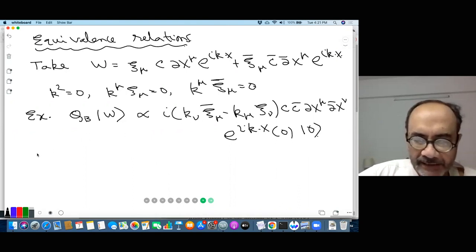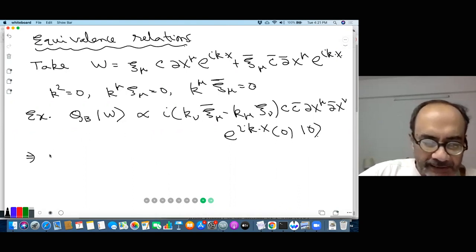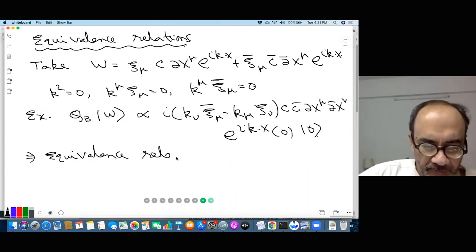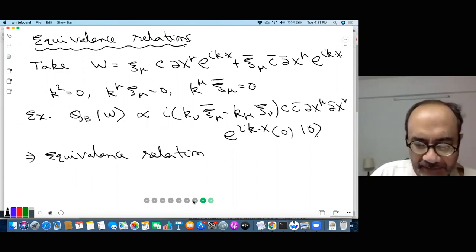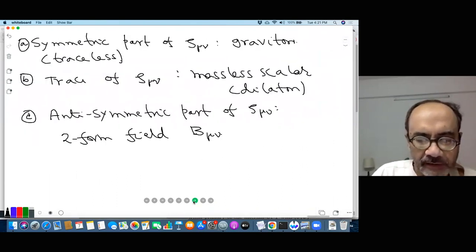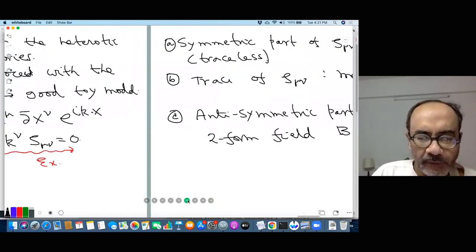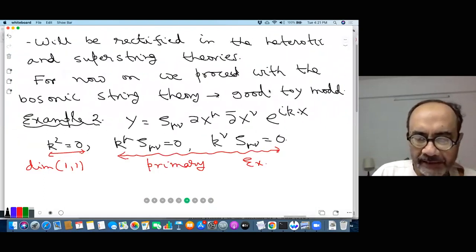And this essentially translates to an equivalence relation on zeta, because you see zeta came exactly in this combination. Zeta mu nu multiplied exactly this operator.